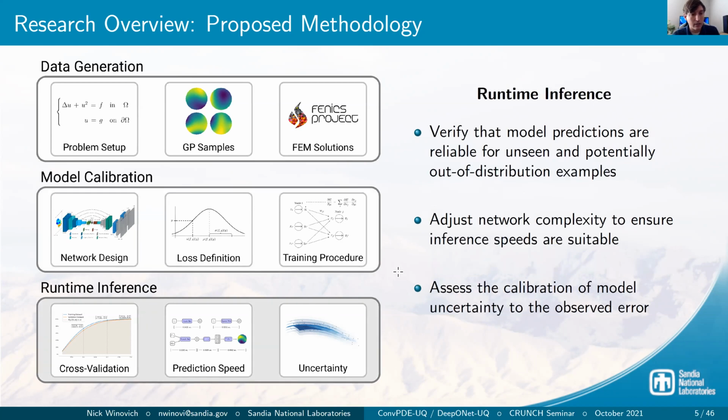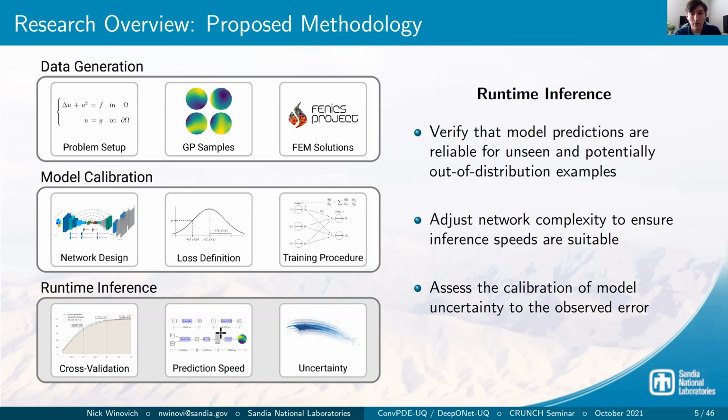And then in terms of inference, what we're looking for is a model which generalizes to both unseen and out-of-distribution examples, so that it is somewhat reliable and also very fast. The advantage of the offline training is that when we are performing inference, the task only requires one forward pass of the network in general.